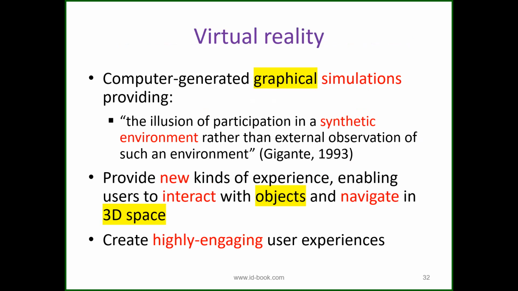Virtual reality. Now, virtual reality is a new type of media. Earlier, we just used to have text, audio, video, and images, but nowadays we also have virtual reality included into multimedia, wherein we have computer-generated graphical simulations for providing you an illusion of a real world.